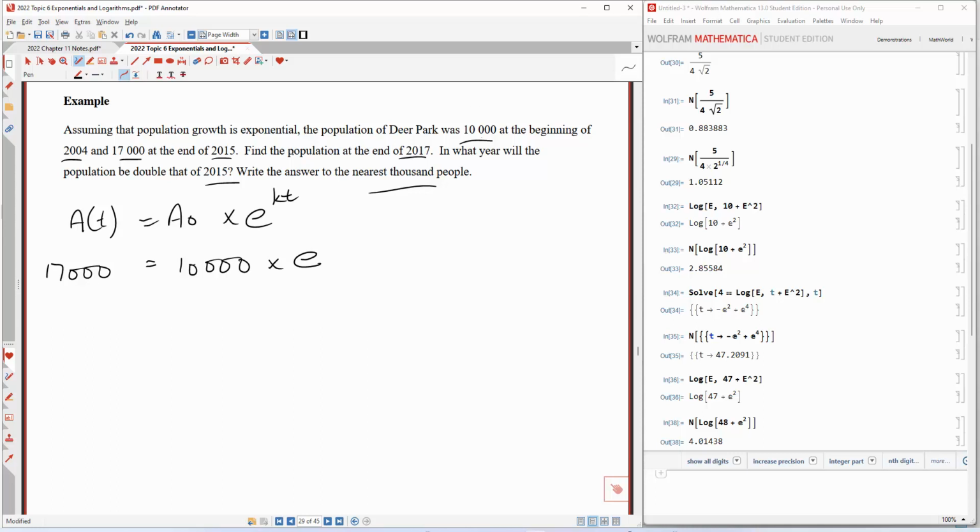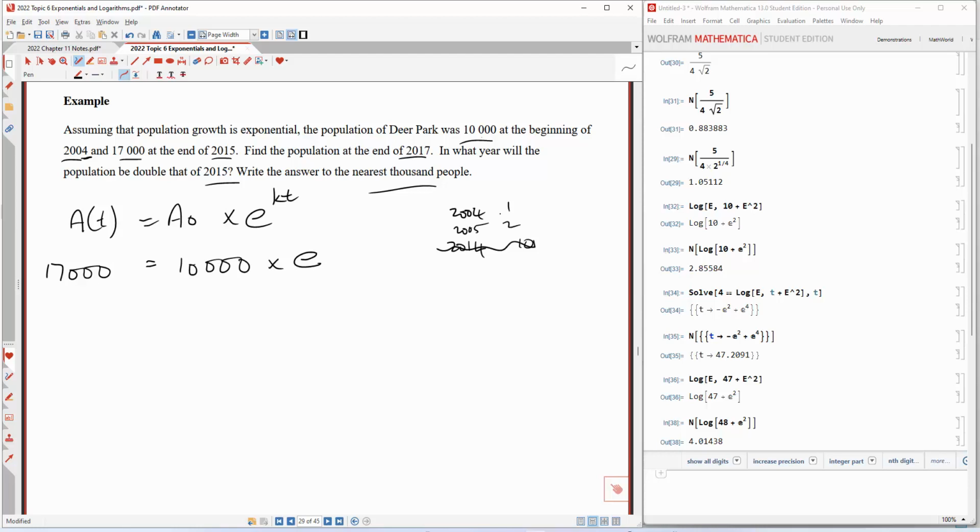This is over how many years? At the beginning of 2004, so 2004 to 2014 is 10 whole years. 2004 is 1 year, 2005 is 2 years. I can't believe I'm doing this.